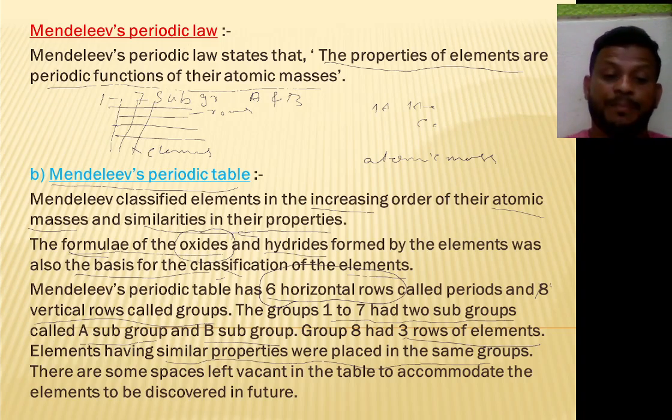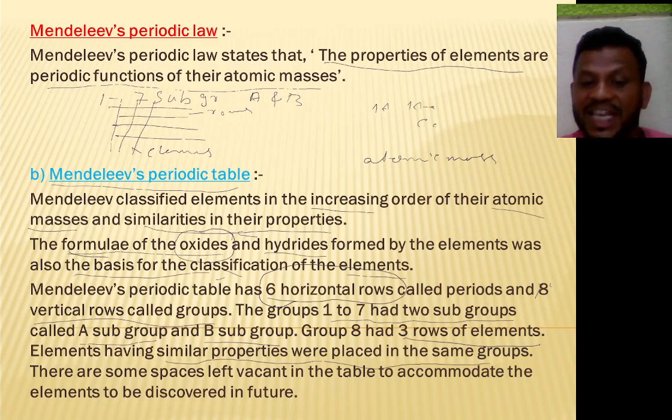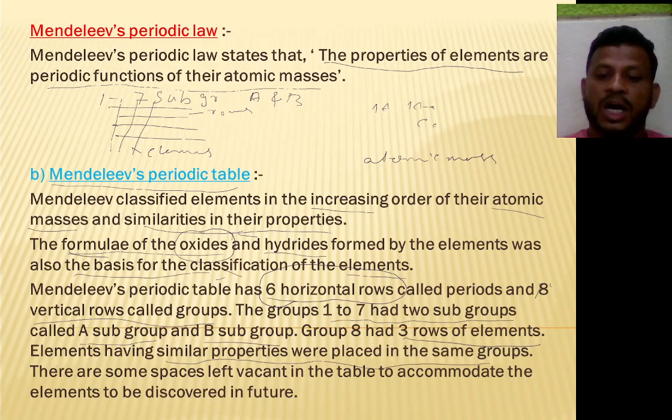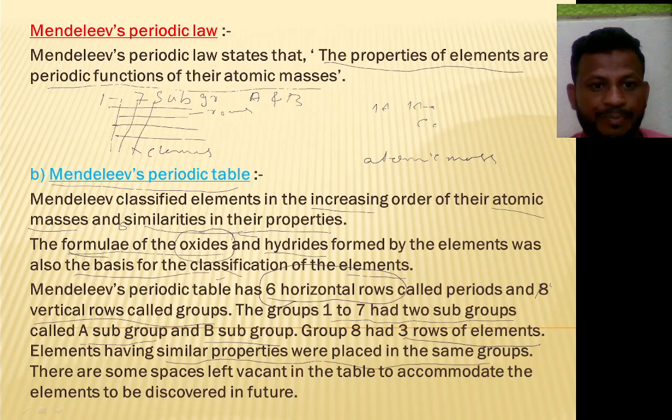There were some spaces left vacant in the table to accommodate elements to be discovered in the future. It means he left some space here. Why? Because he predicted that in the future someone is going to discover different elements.